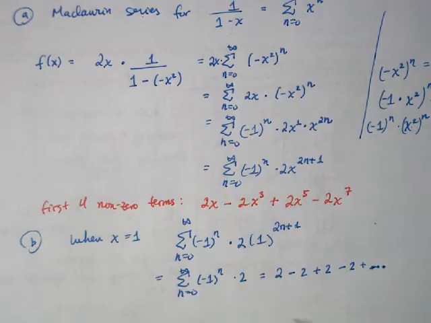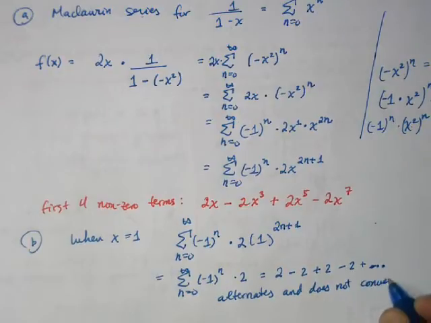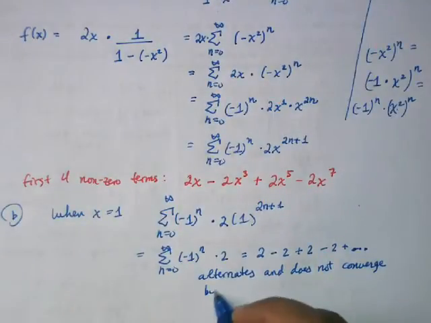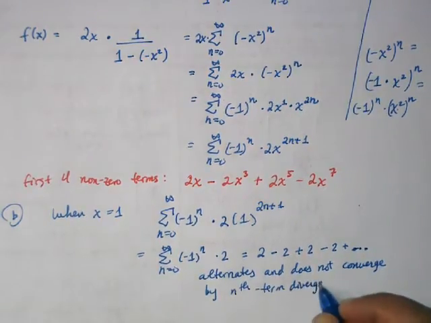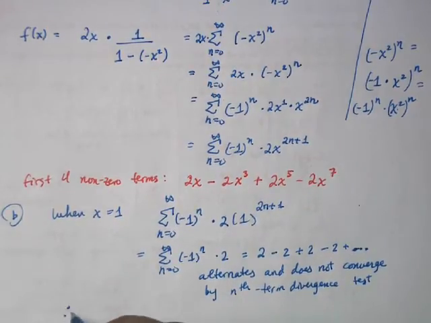So this series, we can say lots of things about this, but mainly that it alternates and does not converge by the nth term divergence test.